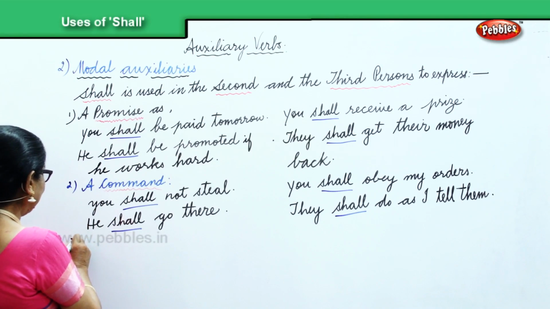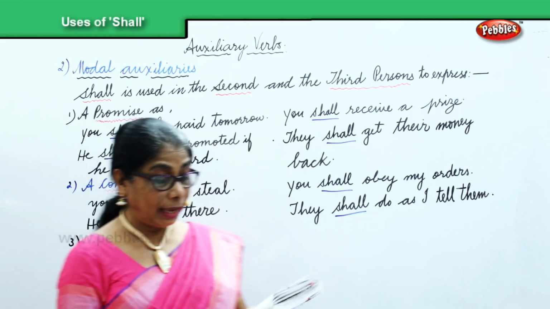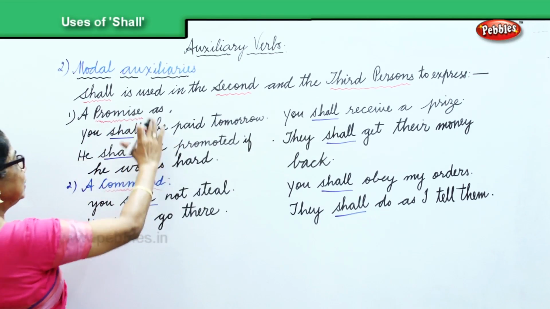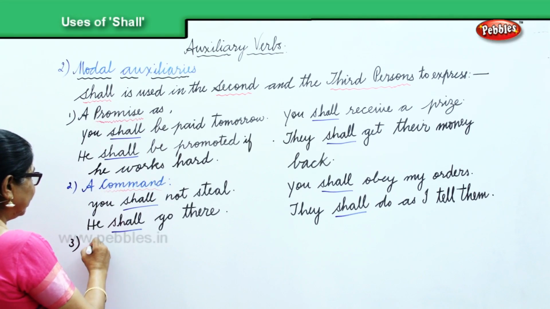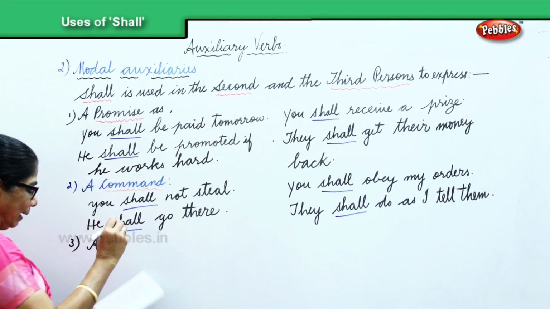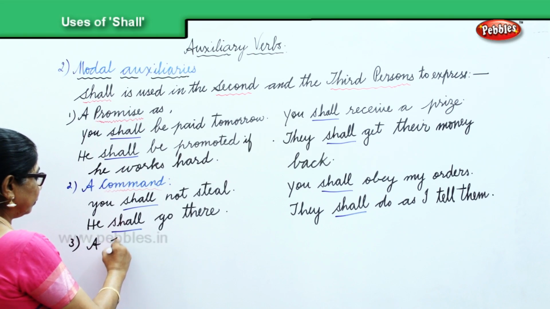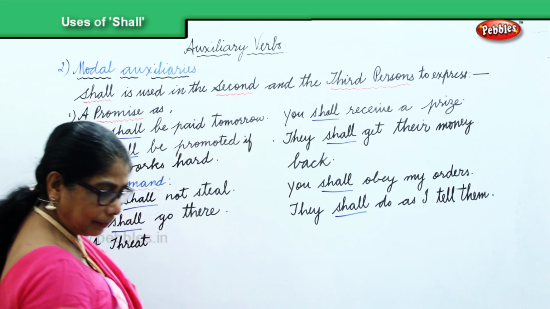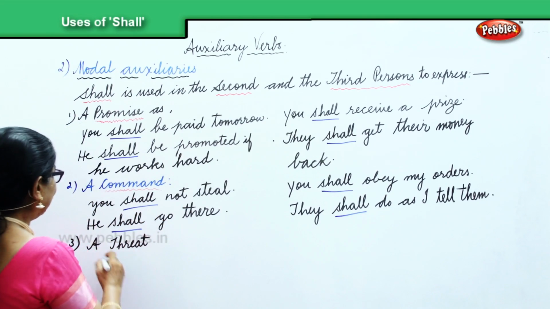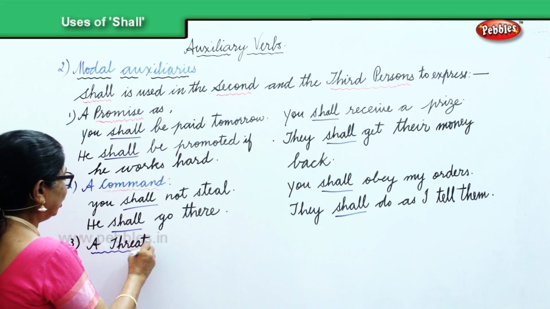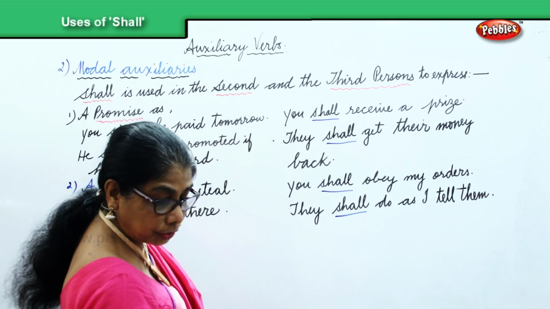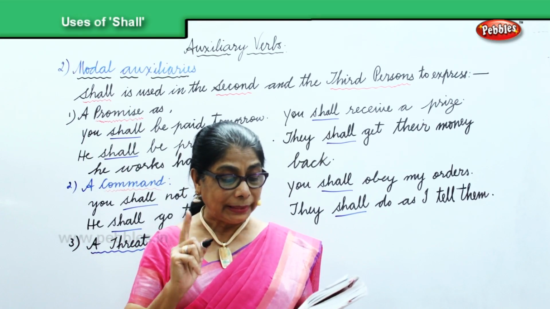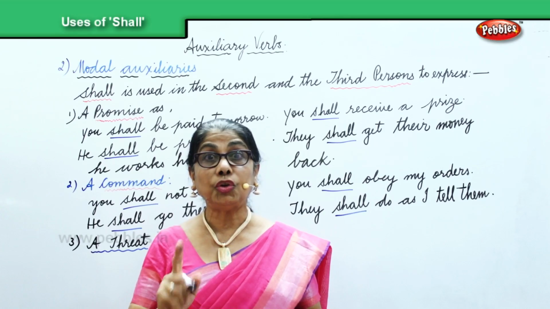And now let's look at the third type. We have a threat. The first is a promise. The second is a command. Third, a threat, when you're threatening somebody. Now, as a threat, how is the modal auxiliary used? Here we have, you shall be dismissed if you disobey your boss.